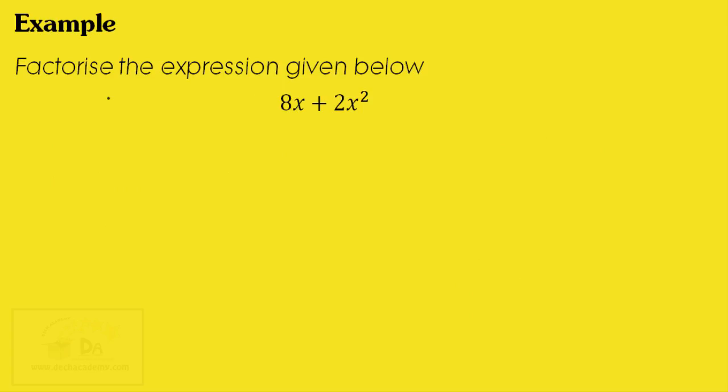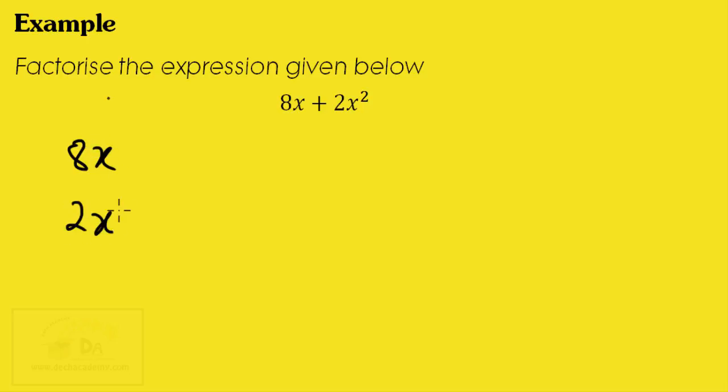Here's another example. The given expression is 8x plus 2x squared, and we're required to factorize this expression. The first thing to do is determine the HCF of the terms within the expression. The expression has two terms, 8x and 2x squared.